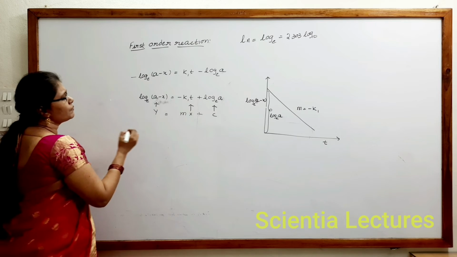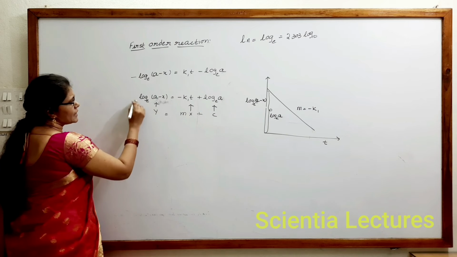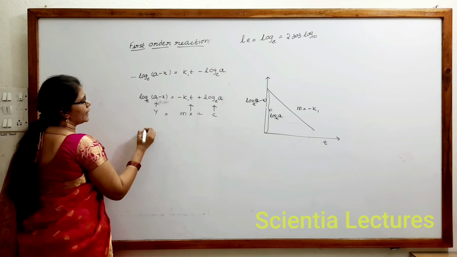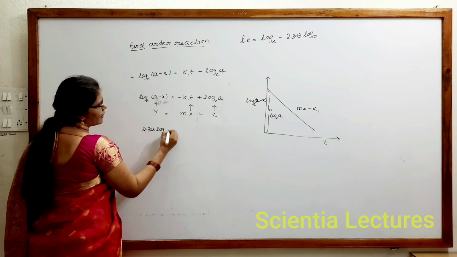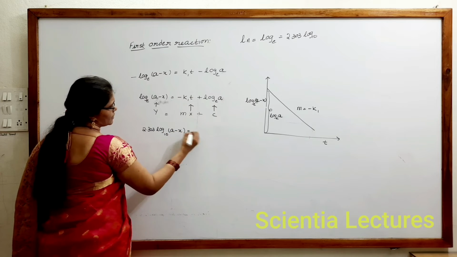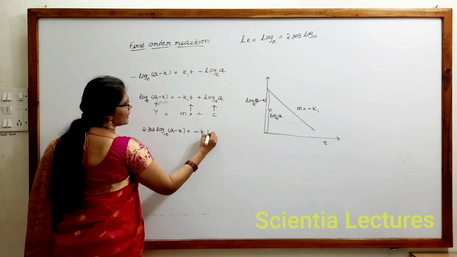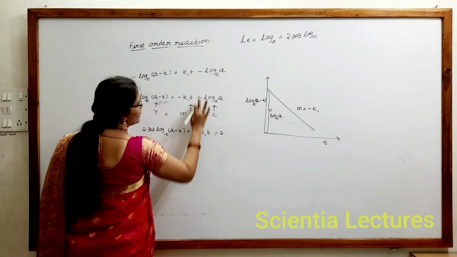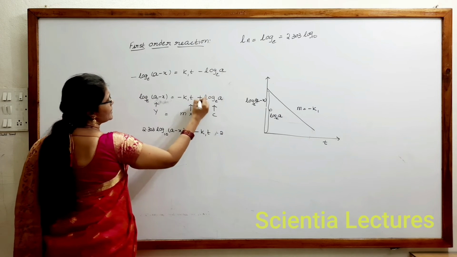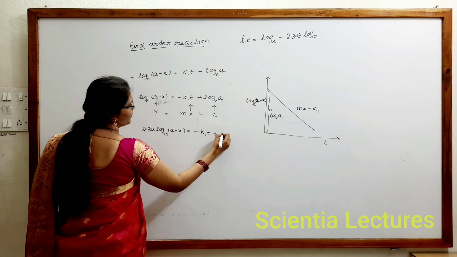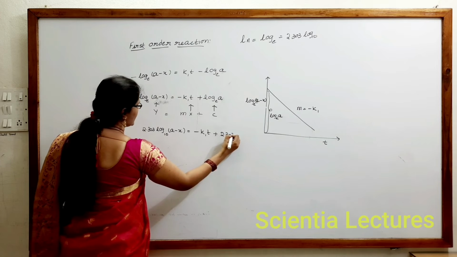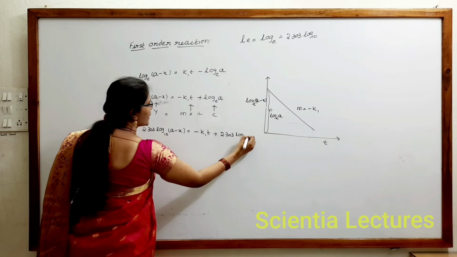If instead of log base e we take 2.303 log base 10 (a minus x), it must be equal to minus k1t plus 2.303 log base 10 a.